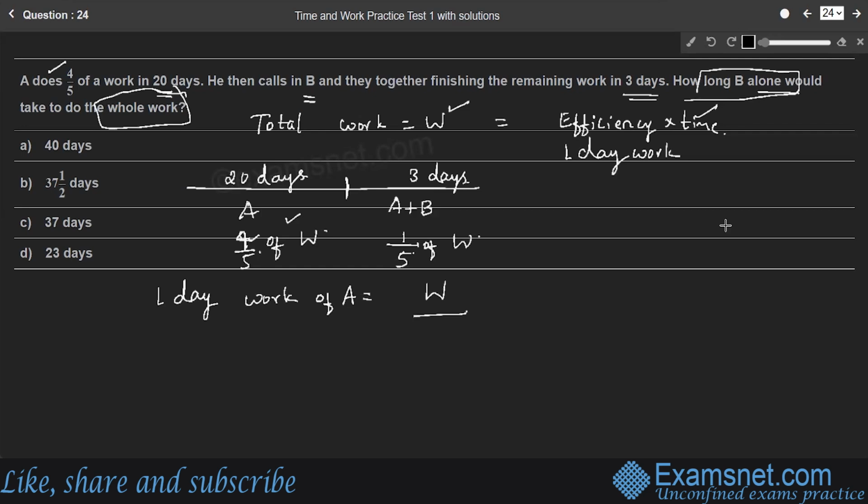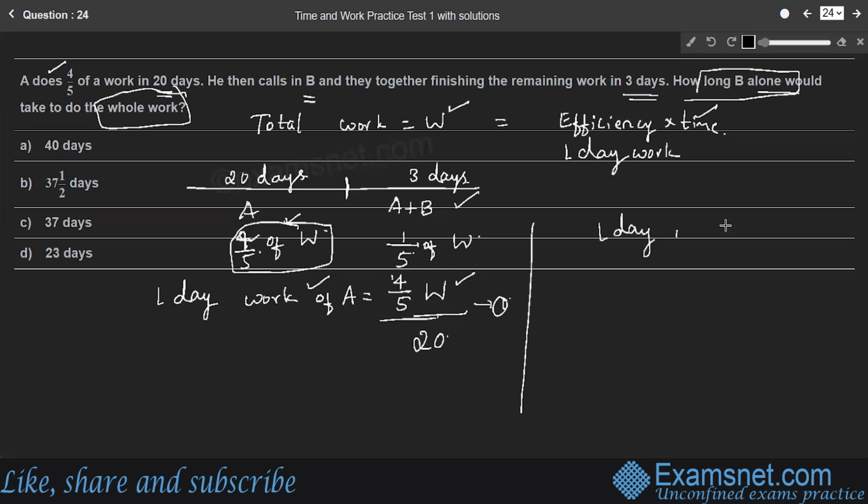How many days A takes for the total work, we don't know. But to complete 4/5 of work, A takes 20 days. So instead of total work, we are considering 4/5 of total work. Therefore, his efficiency or 1 day work of A becomes 4/5 into W by 20. Keeping this in mind, we'll consider 1 day work of A and B.